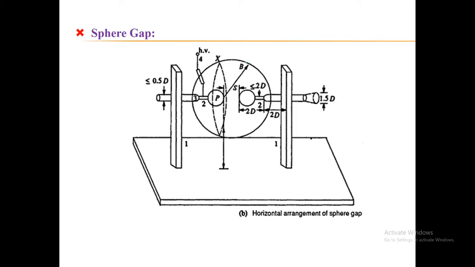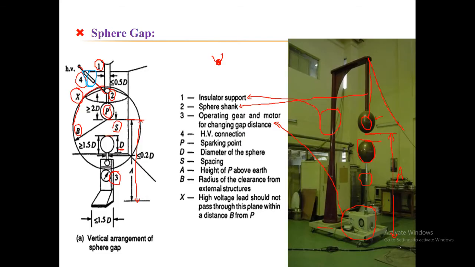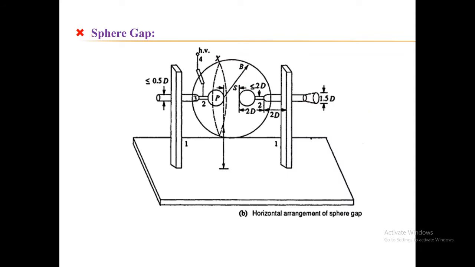So in that case, what I need is a larger diameter of the two spheres. As you can see over here, the diameter of the sphere will be very large for measuring the 1000 kV of peak magnitude. As I'm increasing the diameter of the sphere, ultimately it also increases the weight of the sphere.